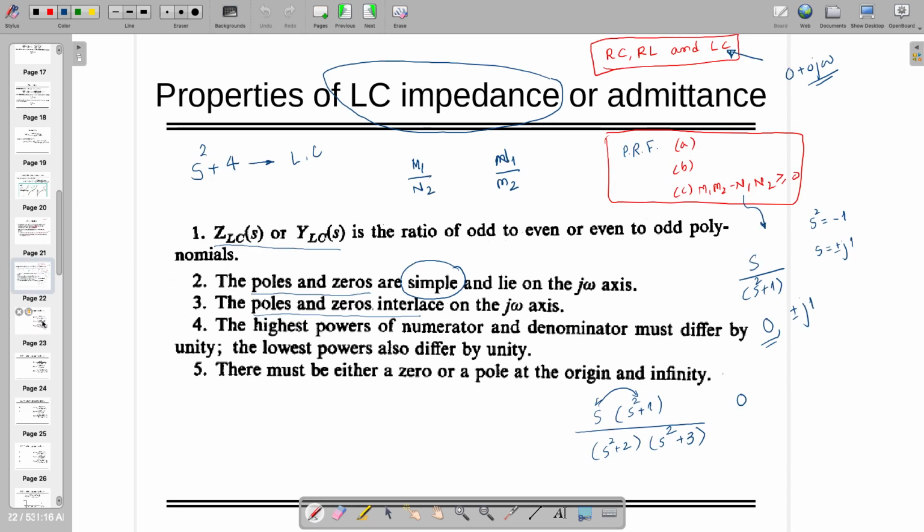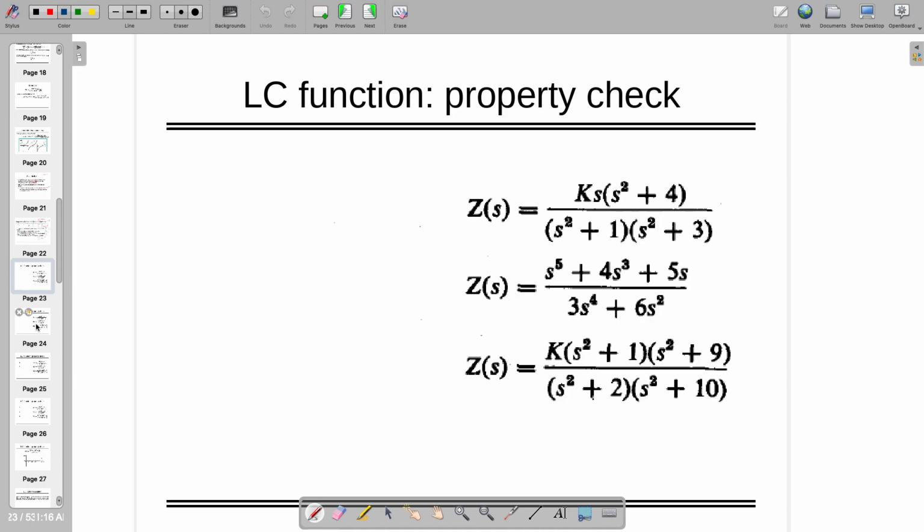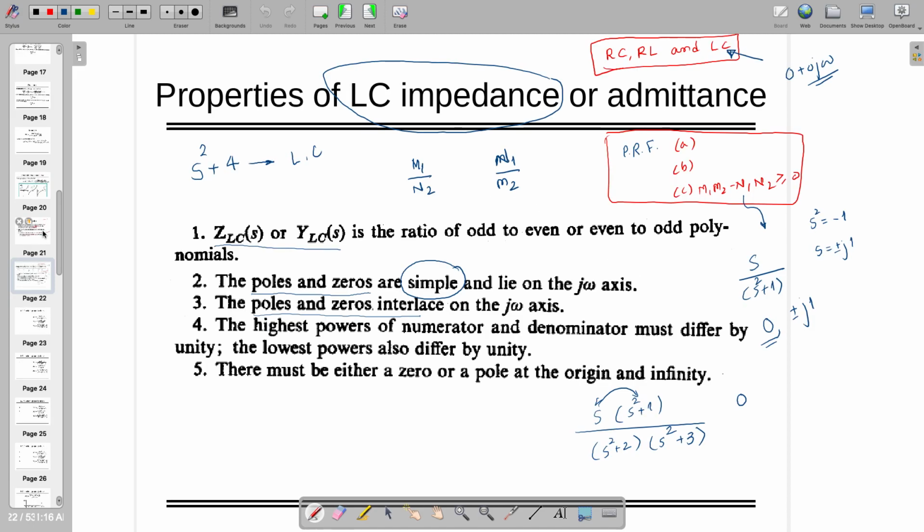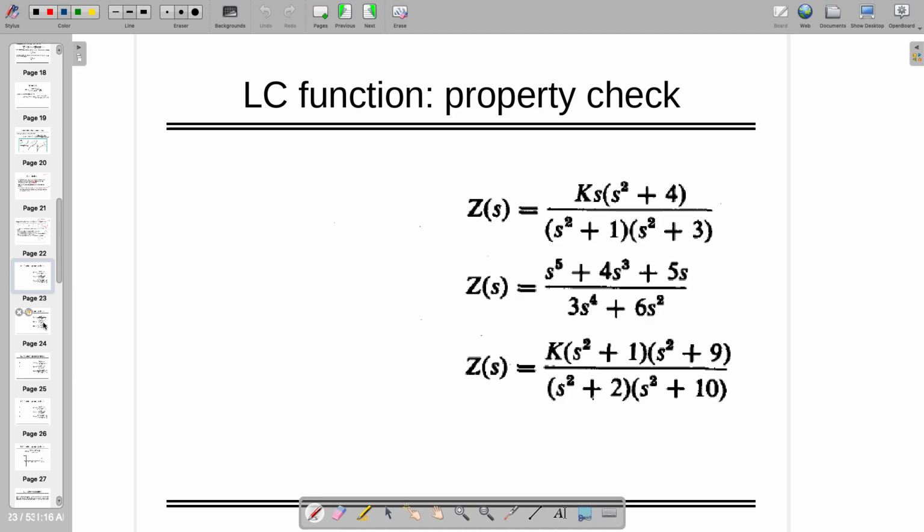So I kept a few examples. You have to tell me whether they are LC impedance functions or not. You have to look at five different properties. By the way, I'll give you a hint. All of them are not LC impedance functions.